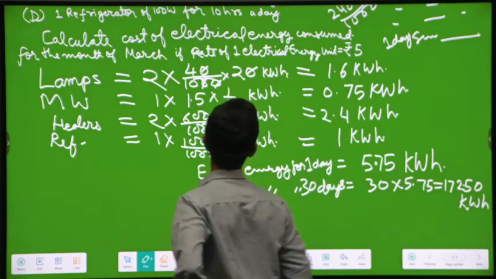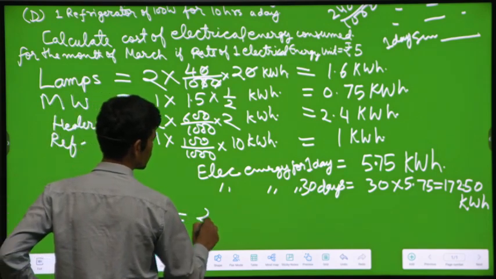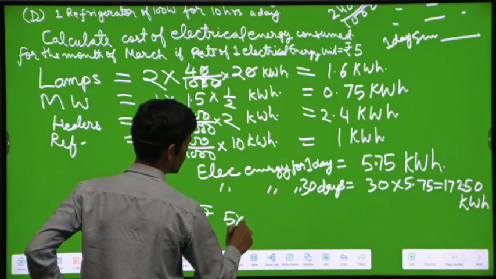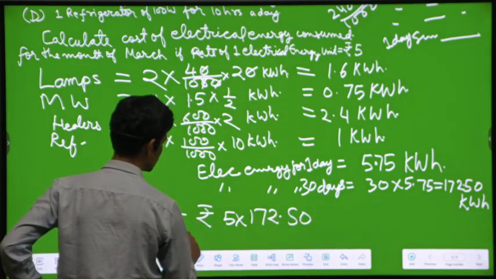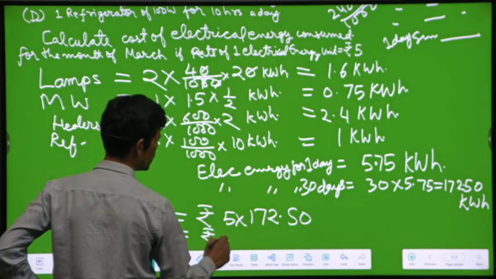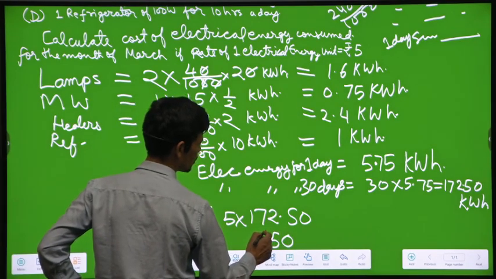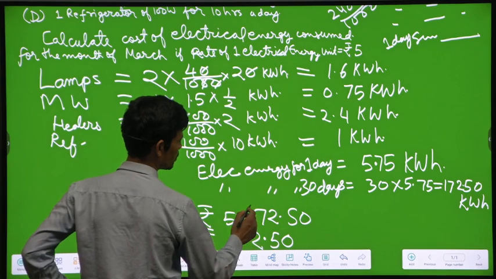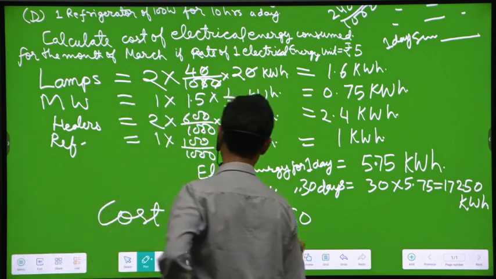Now cost, so rupees 5 multiplied by 172.50, so the final answer will be this one.